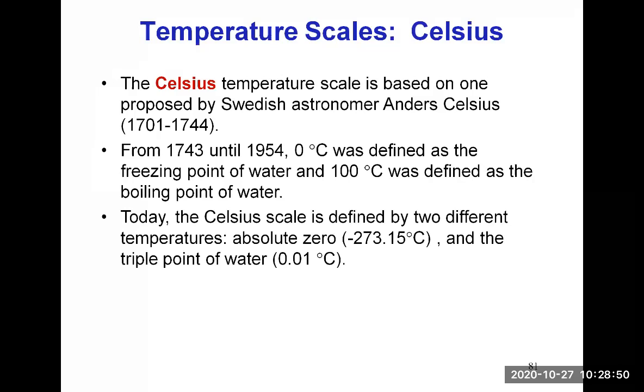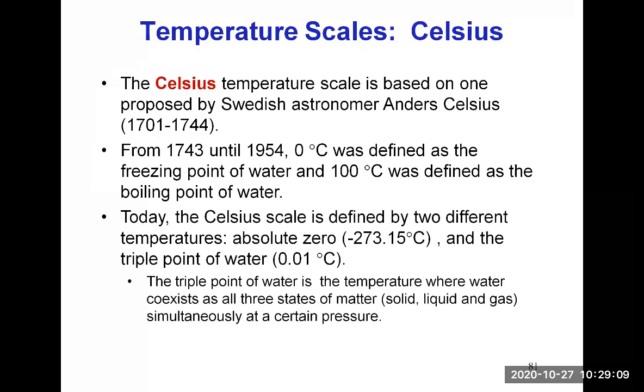Today, the Celsius scale is defined by two different temperatures. The absolute zero, which is negative 273.15 degrees Celsius, and the triple point of water, which is 0.01 degrees Celsius.